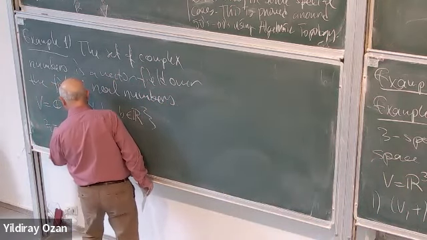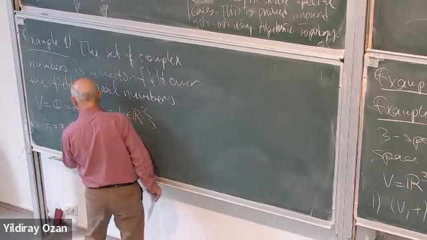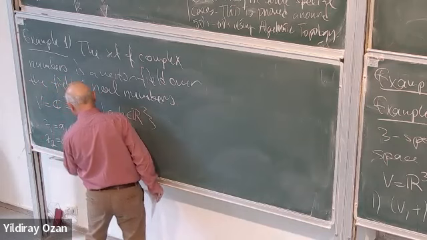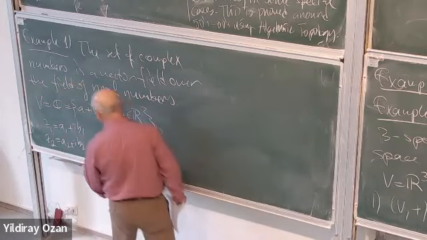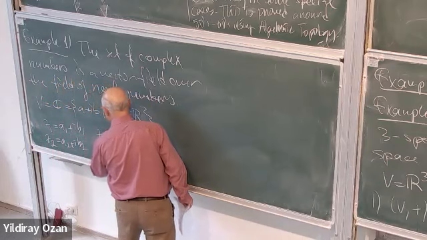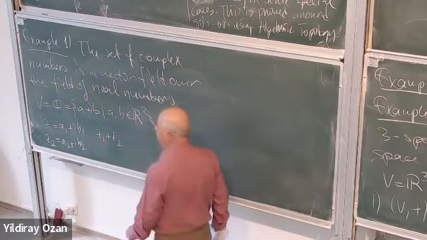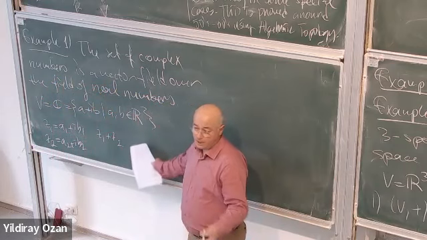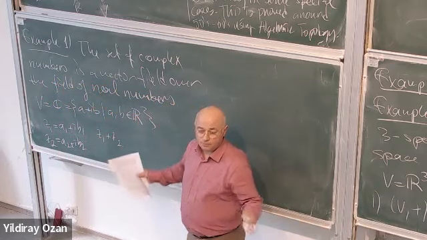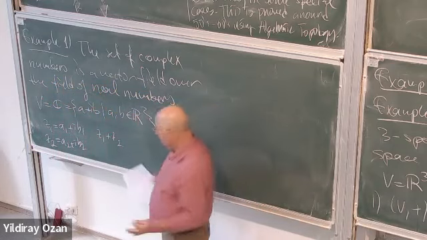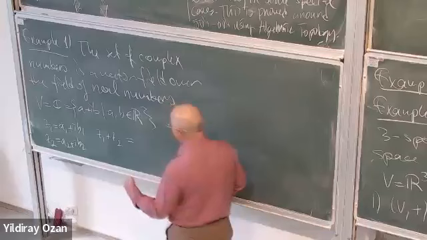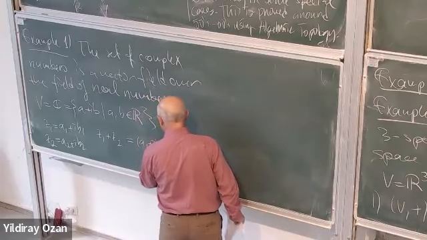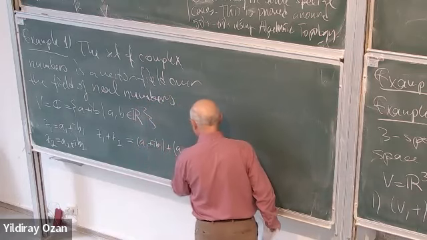If z1 is this, let's say, and z2 is a2 plus ib2, if these are two complex numbers, then how would you add this up? Now I give you the definition. I can define addition in a different way, but here you'll just take the usual definition of complex numbers. And what's that? So a1 plus i times b1 plus a2 plus i times b2.